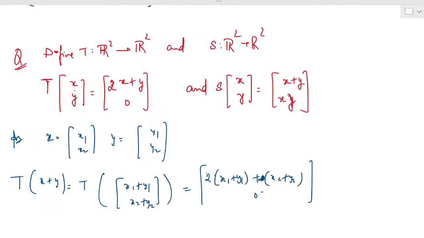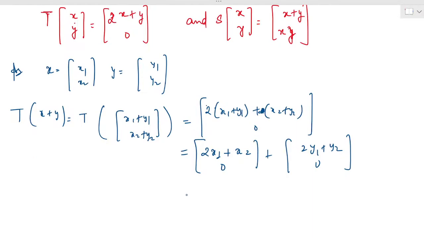Eventually it equates to (2x1 plus x2, 0) added to (2y1 plus y2, 0). So I can say that T(x plus y) is simply T(x) plus T(y). So this satisfies additivity.